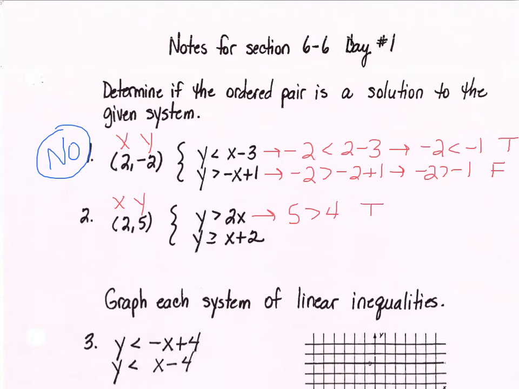Let's plug it into the bottom one. I'm going to have 5 greater than or equal to 2 plus 2, so 5 is greater than or equal to 4, which is a true statement. Since it works in both of them, that ordered pair is a solution to that system of linear inequalities.